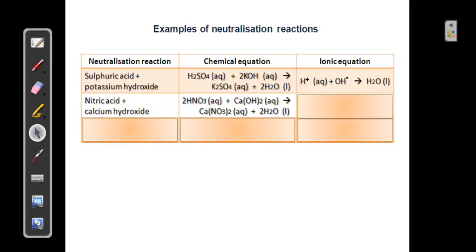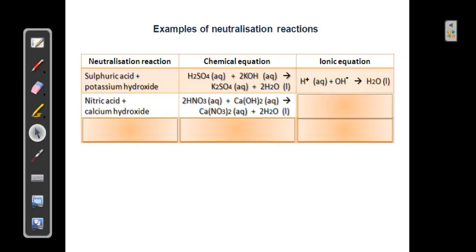Again, you will look at the 2H. It will be taken away and replaced by the calcium ions. So when the calcium ion takes over the 2H, it becomes a salt.